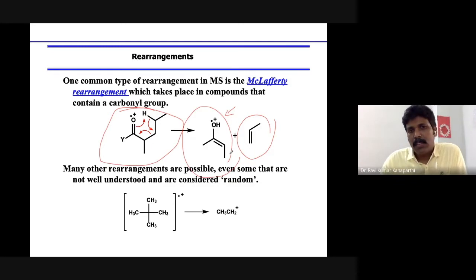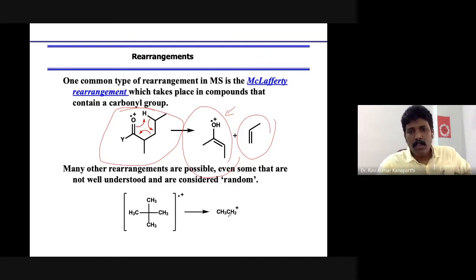So this is what I was telling, that if it is a rule, that means it will definitely be obeyed irrespective of the nature of the compound. That is why these points are derived based on a large number of studies. Okay, sometimes we do encounter things out of the discussion, and for example, this is one thing, right?